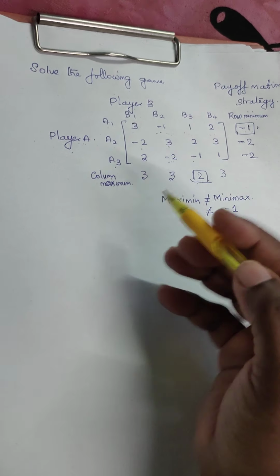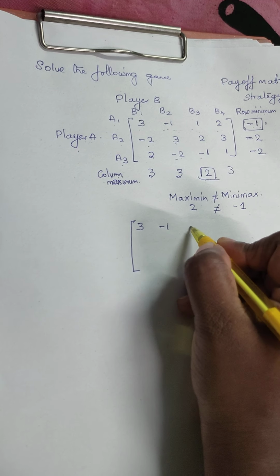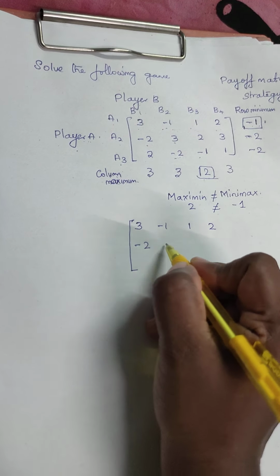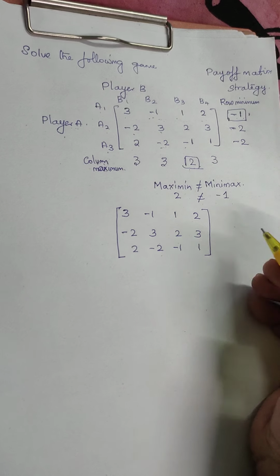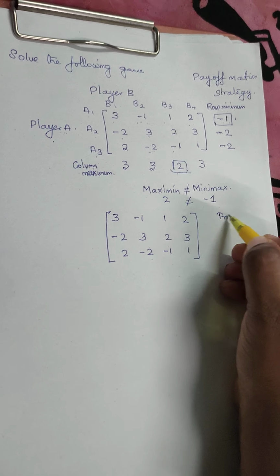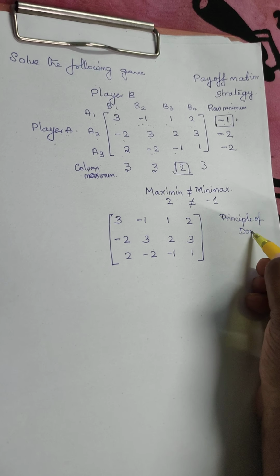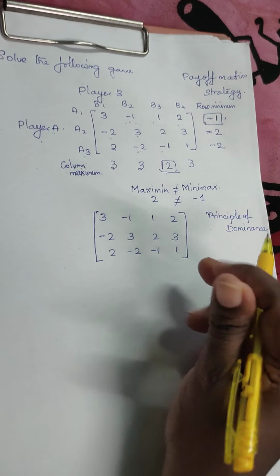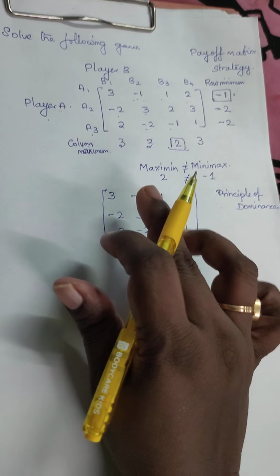So first step is I'm going to rewrite the game, and I'm going to use the principle of dominance to reduce this, make it smaller. It's easier to solve if it's smaller. So I'm going to just reduce the whole problem.